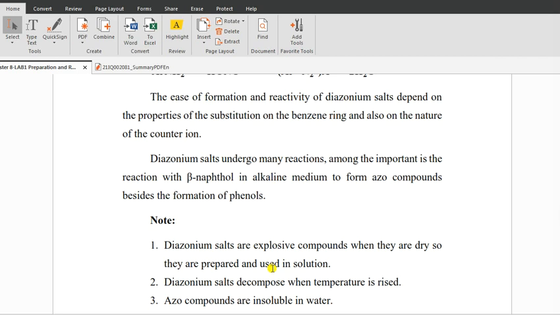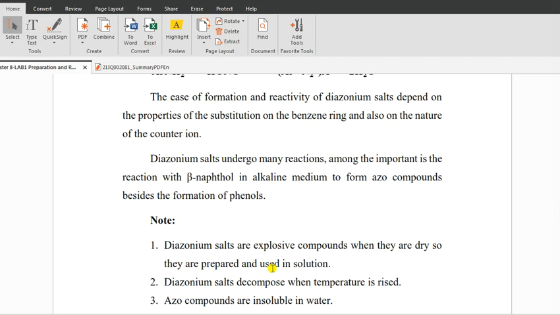Here are some notes we have to focus on. Diazonium salts are explosive compounds when they are dry, so they are prepared and used in solution.